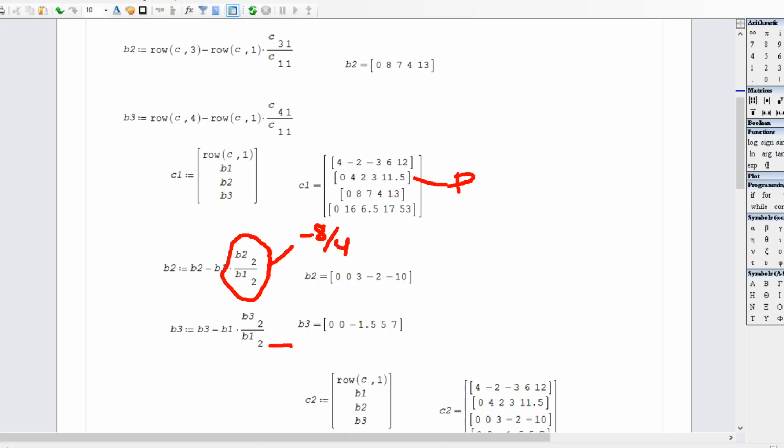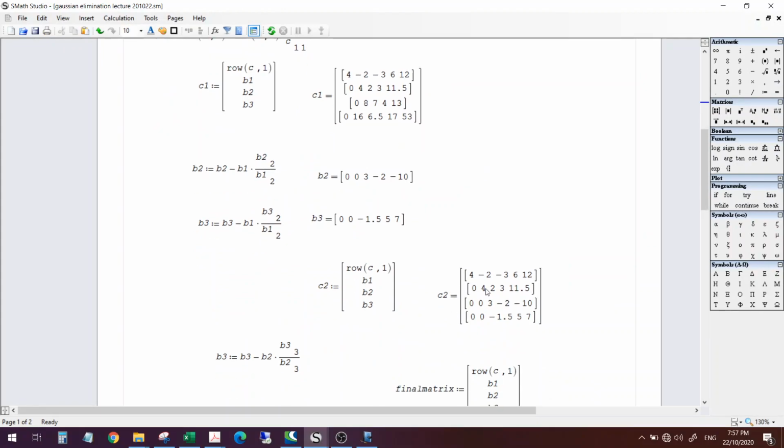While here, that is negative 16 over 4 in our manual calculation. So I have now the new matrix for B2 and B3. And the C1 earlier is now transformed into C2 here, which is this one.